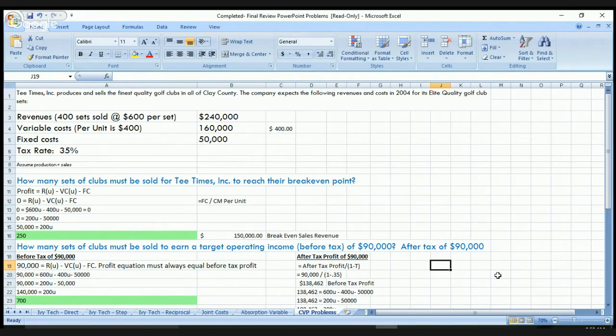So I'm going to have 90,000 equals x divided by 1 minus 0.35. Okay? So now I have 90,000 equals x divided by 0.65.